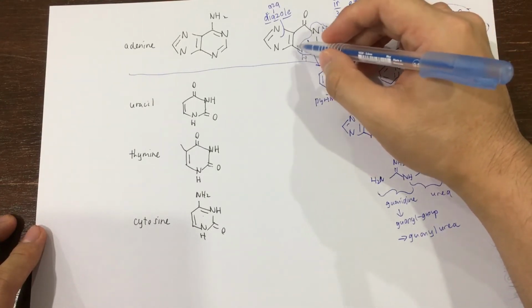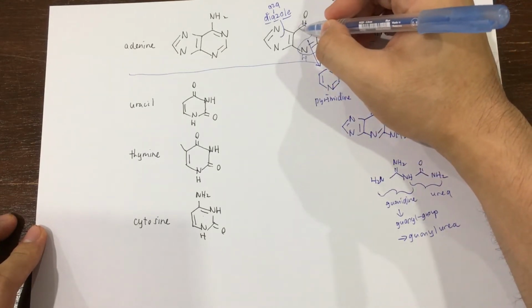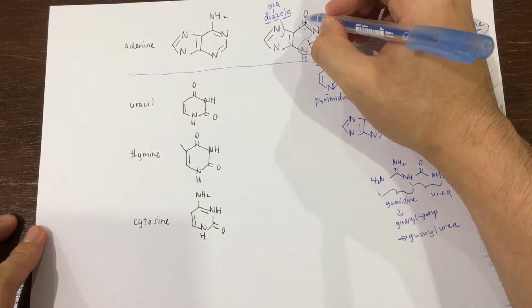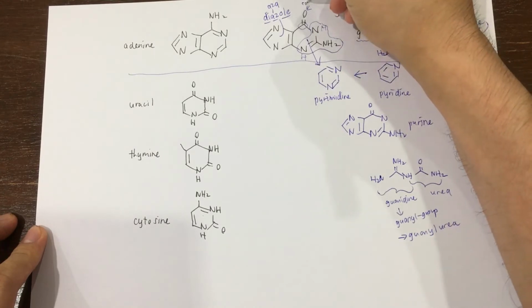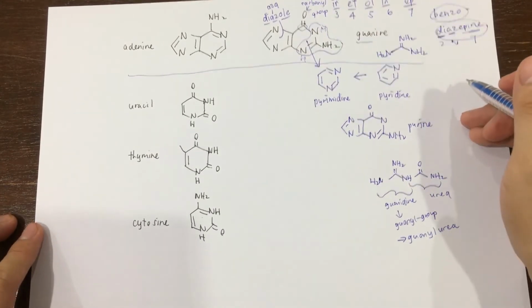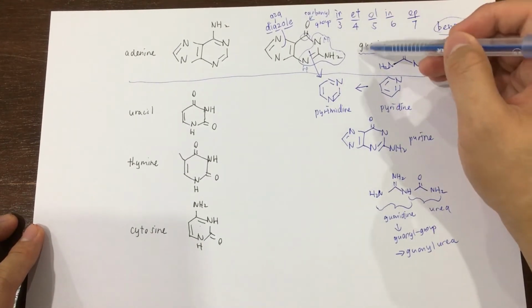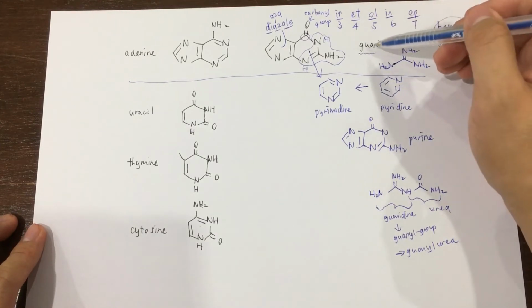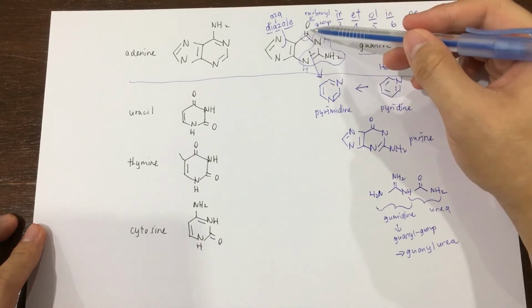All these positions are saturated, except this position here, so only this position can have the carbonyl group. So this is a carbonyl group, right? Right here. So this guanine purine consists of a guanyl group and a carbonyl group at the top.